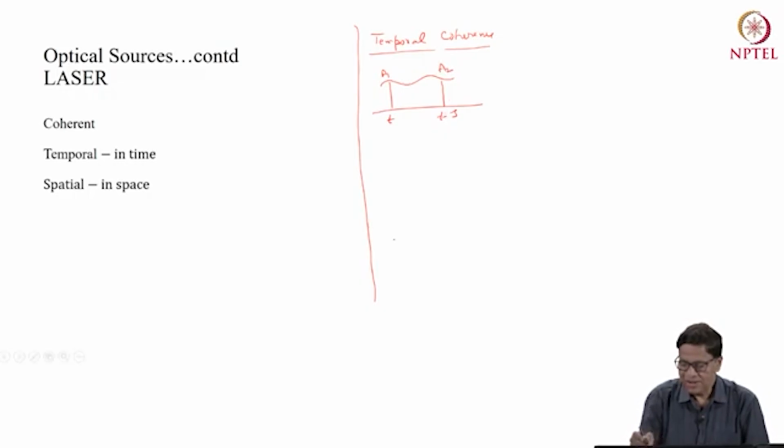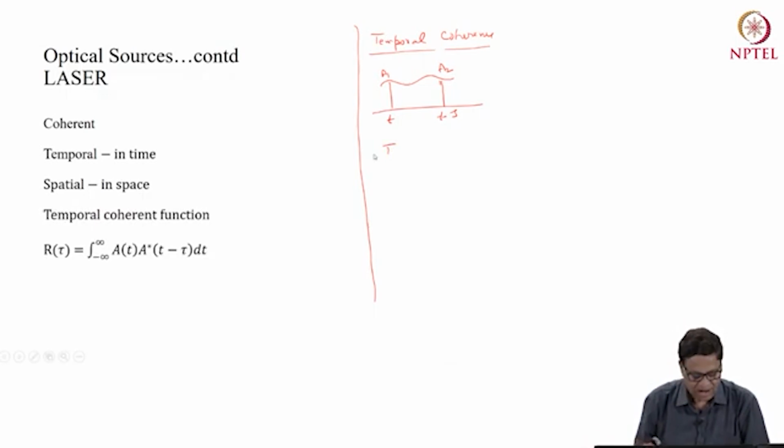So let us define a temporal coherence function as how this A1 and A2 are correlated. The temporal coherence function can be defined as R(tau) equals the integral from minus infinity to infinity of A(t) into A conjugate (t minus tau) dt.